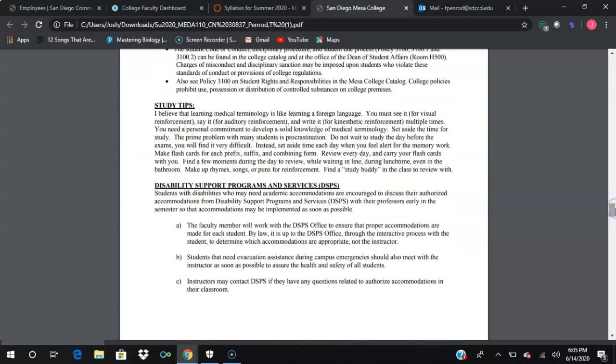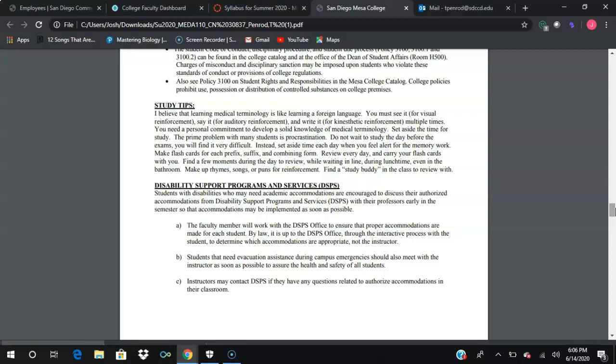Okay. So when we're looking at study tips for this course, it really is like learning a foreign language, and there are different ways of securing that. You can do flashcards. A lot of people will write repetitively or rewrite things frequently or use disease processes that help you remember certain terms.